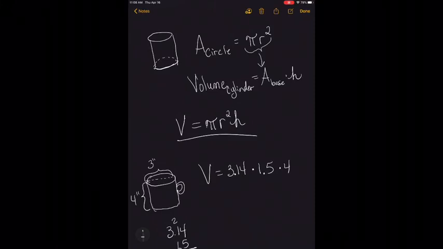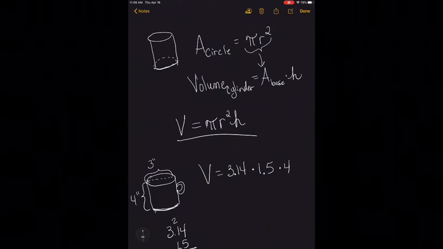So instead of doing any of the practice problems that are in your notes, I thought I'd make up a new one, and that is finding the volume of my coffee cup, or teacup, really, is what I'm using it as these days. So what we have to do is figure out the area of the base and multiply it by the height. All right, we already have our formula written down.